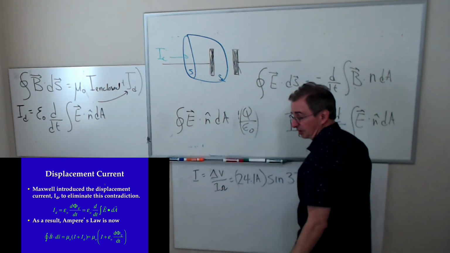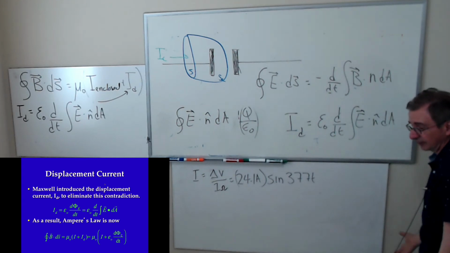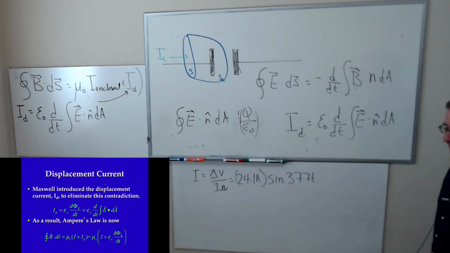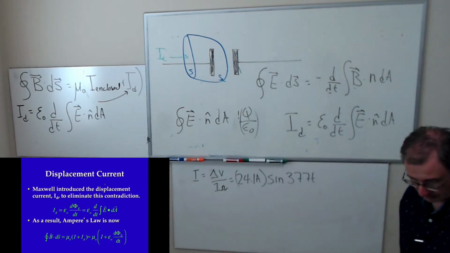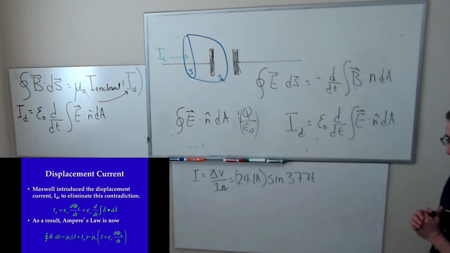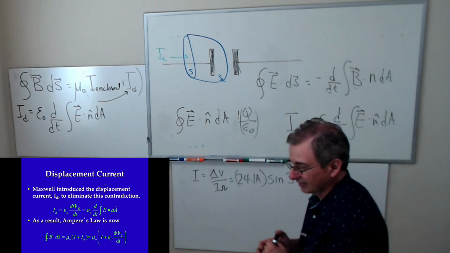Those are the four equations that pretty much describe all the fields in E and M. If you want to relate it to force, you add the Lorentz force, and then you're set.